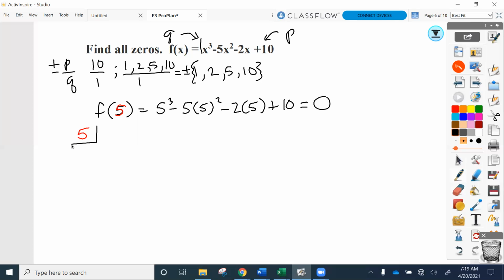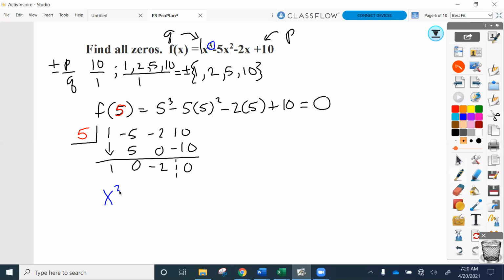And I get, let's see, the coefficients are 1, -5, -2, and 10. So just doing synthetic division here. Right, then I find the depressed equation. Well, we started with cubed, so this would be 1x squared plus 0x minus 2. I'm going to set it equal to 0 and solve.